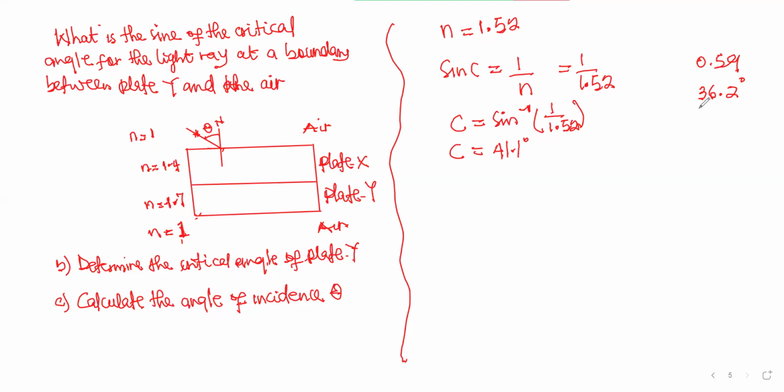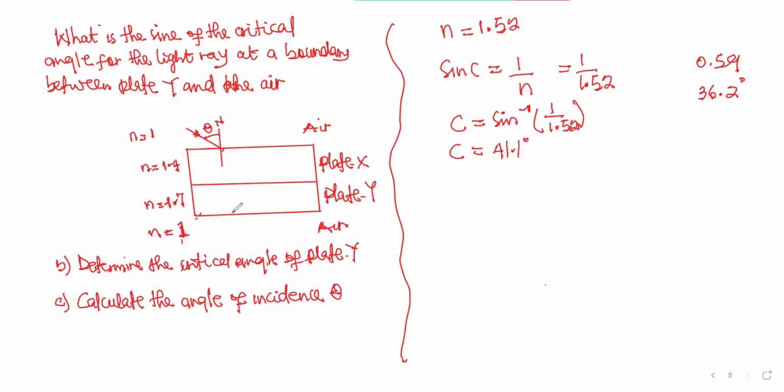Let's hurry up. We have about 8 minutes to go. Okay, so let's discuss it. We have to calculate the sine of the critical angle for the light ray at the boundary between plate Y and air.